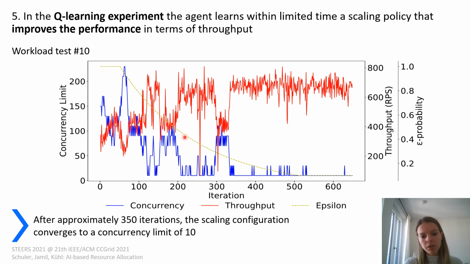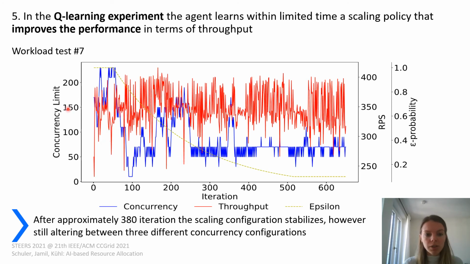Over the course of iteration, the agent tends to do less random exploration and rather chooses the action that would lead to or optimize the performance in terms of throughput. So at approximately 350 iterations, the scaling converges to one specific concurrency limit. In this case, it's a concurrency limit of 10, which also optimizes the throughput for this workload profile.